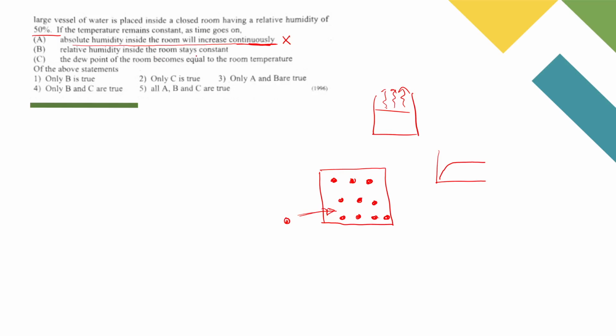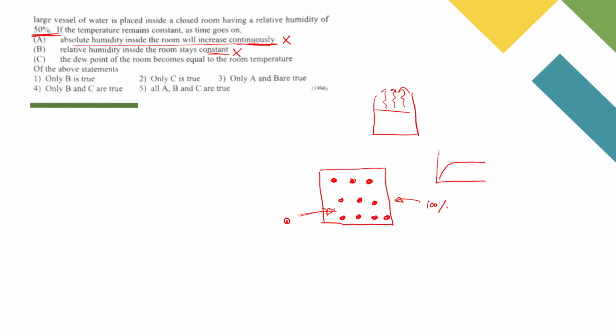Statement B: RH inside the room stays constant. No, right? Because earlier it was 50. At some point, it will become 100%. Once it becomes 100%, after that, it will be constant. Therefore, this is also wrong because it has to go from 50 to 100. Statement C: dew point of the room becomes equal to the room temperature.